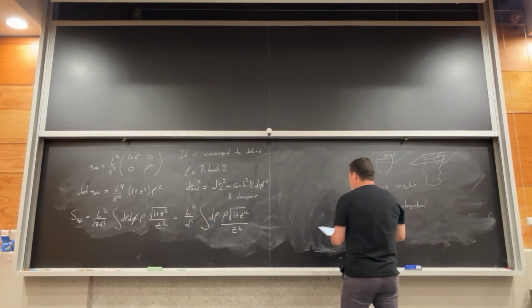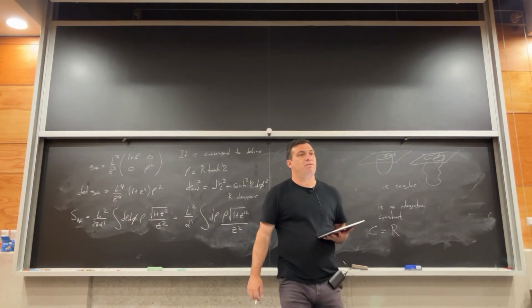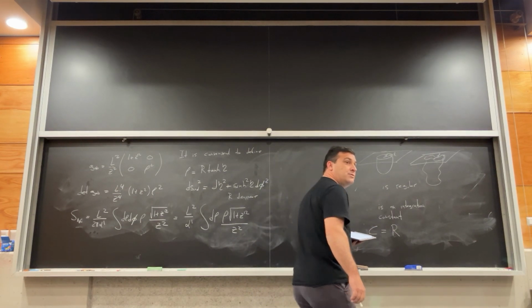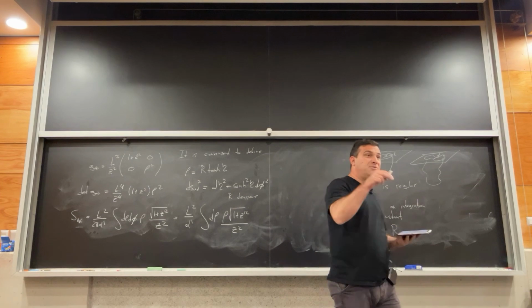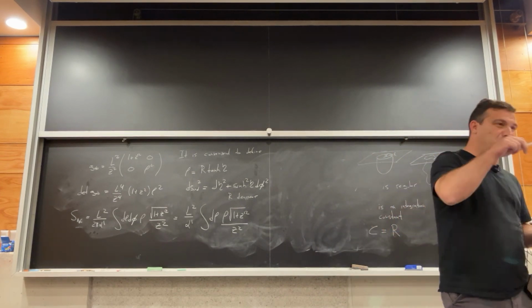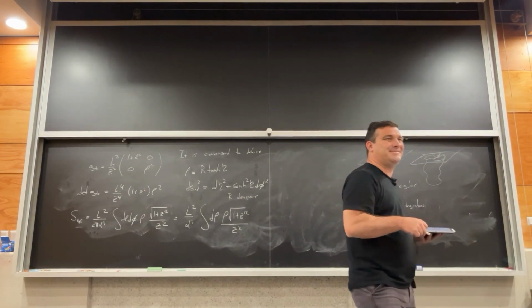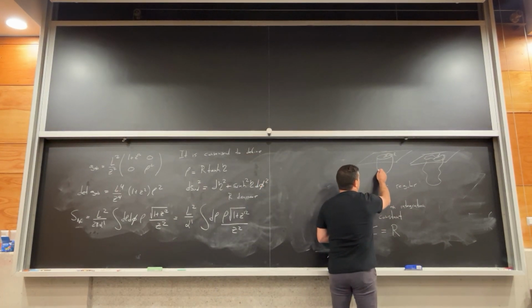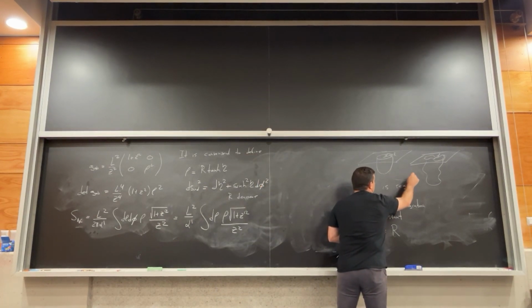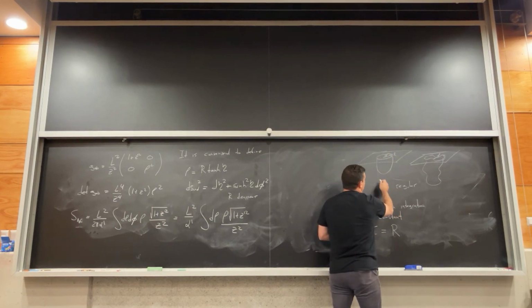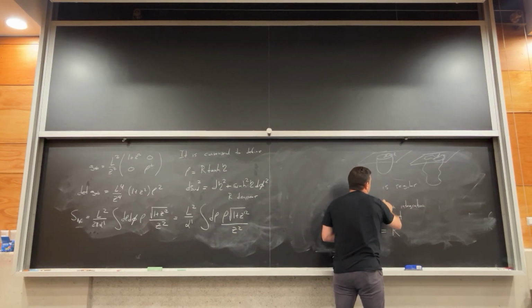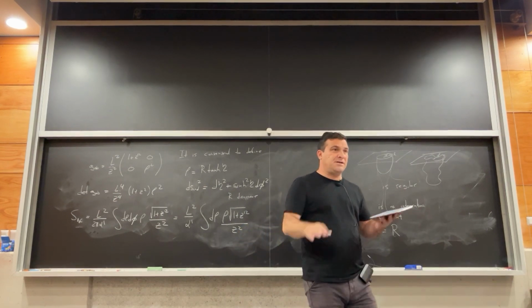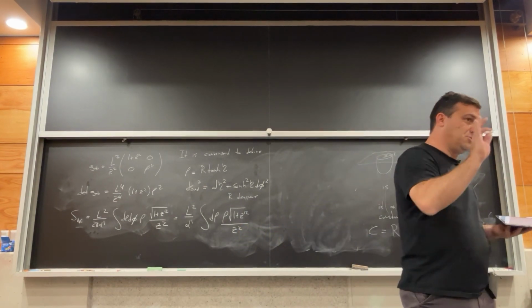All right. Yes? Sorry, I didn't understand why the solution that you wrote isn't regular at rho zero. No. I didn't write that one. I wrote the one that is regular at rho zero, because that's the one I want. It's a second order differential equation, so there's two solutions.